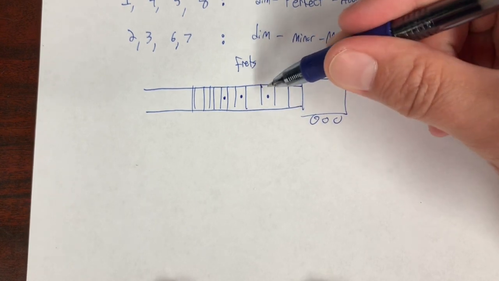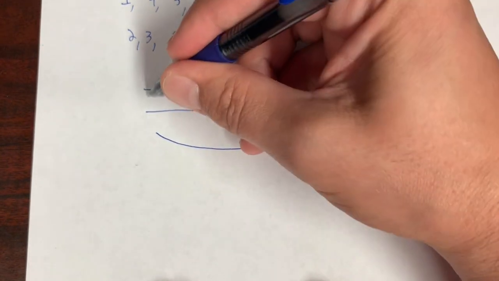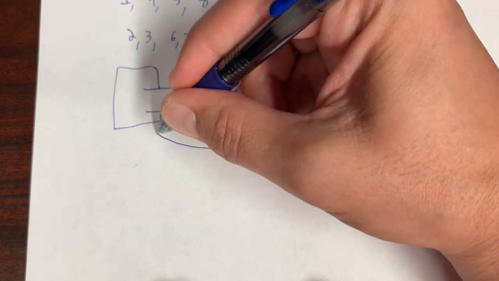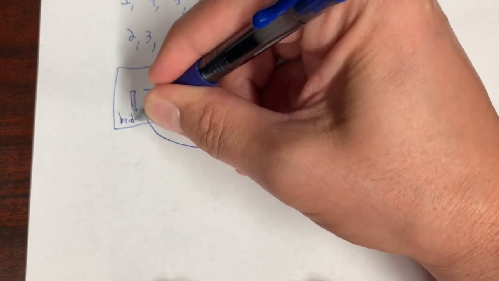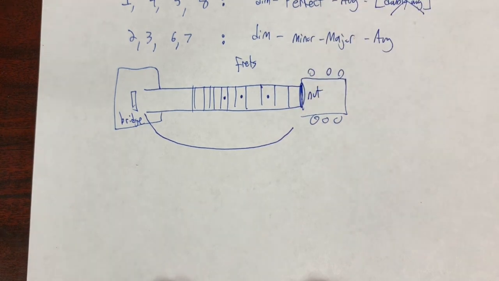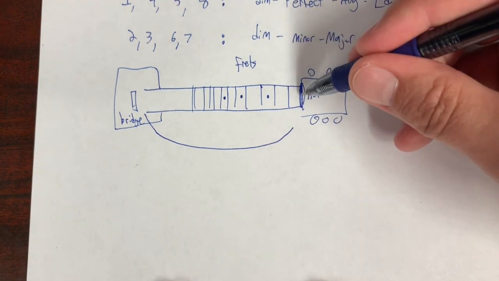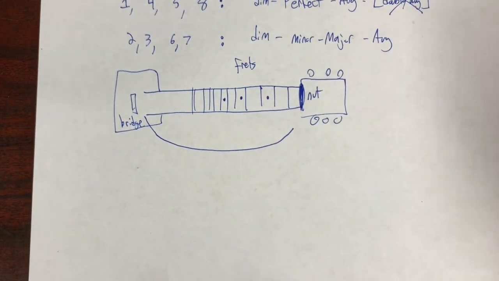Basically, if you push down your string in this slot, or this slot, it's like you have a string that was this long. Here's the body of the guitar, and here's the bridge of the guitar, and the string ends here at what we call the nut of the guitar. I've never known why they call it the nut. Someday I should look it up. It makes sense why they call it the bridge, but look, we're not talking about guitars.